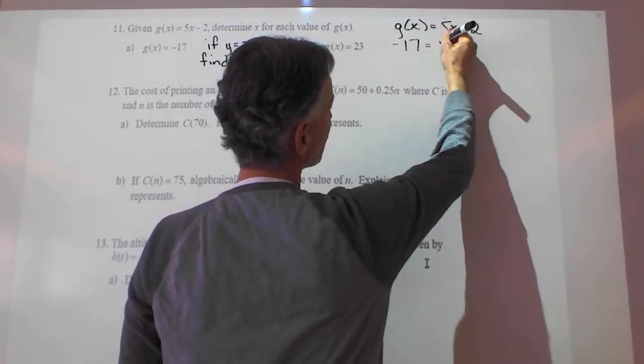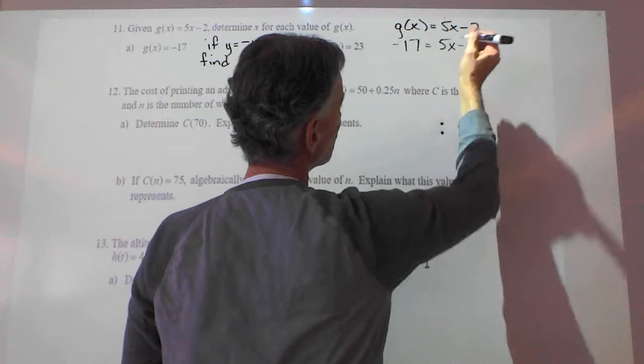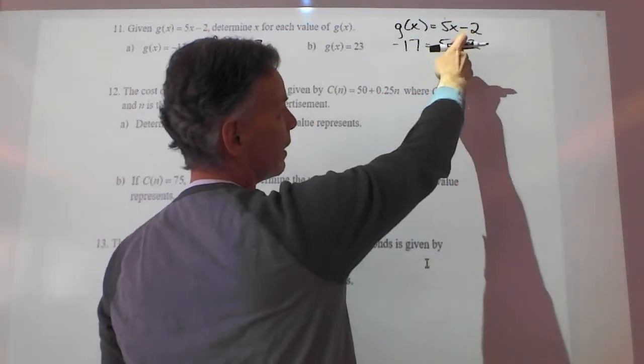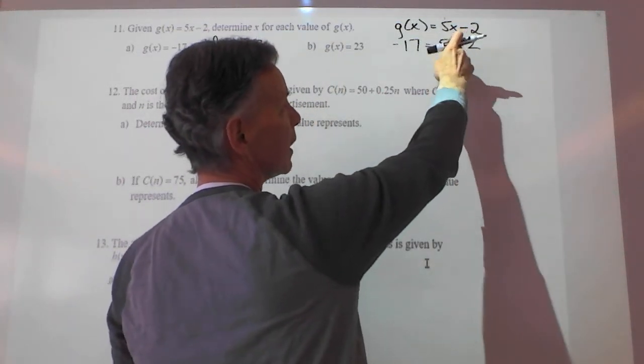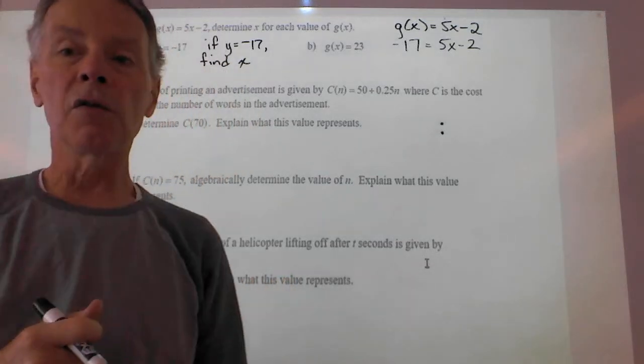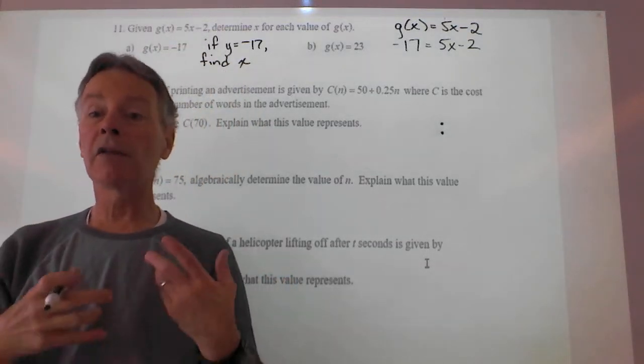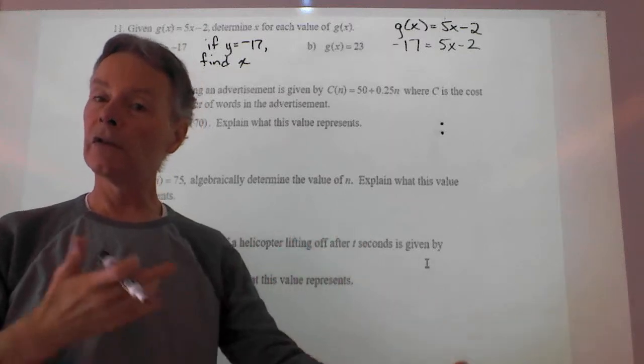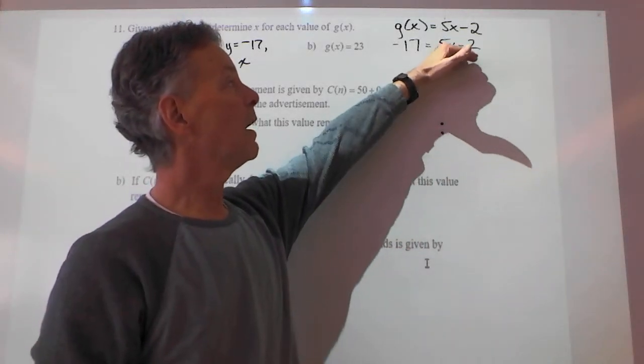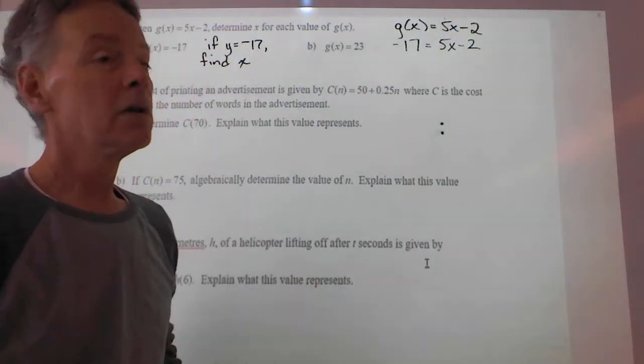The right side stays 5x minus 2. And you can see now we just have the one variable, x. We have to solve for x. So remember what that means is you have to isolate x. So you've got to get rid of everything on this side except the x.